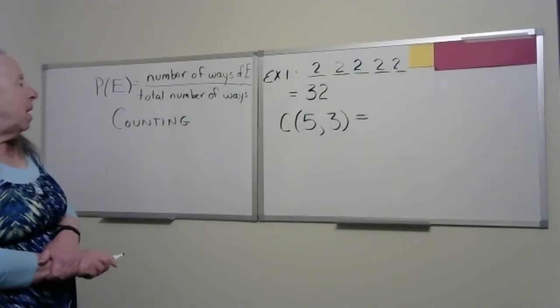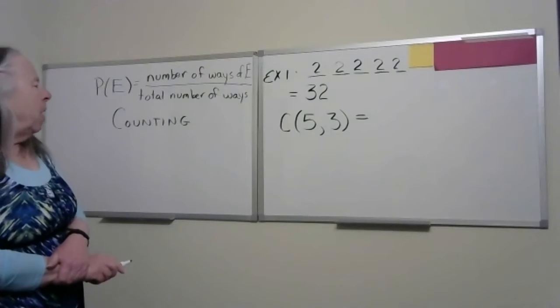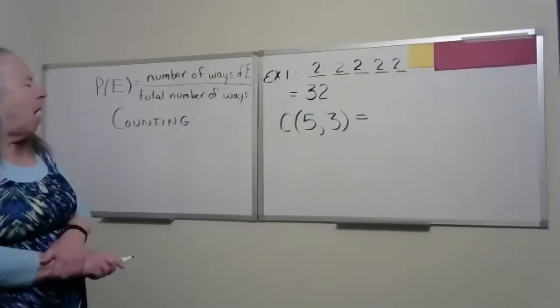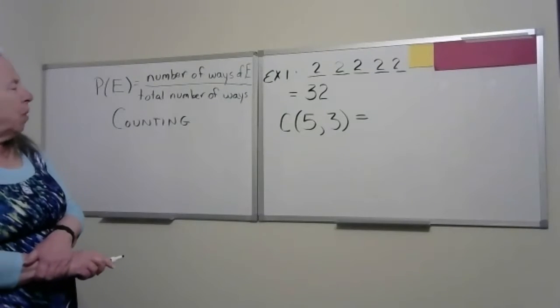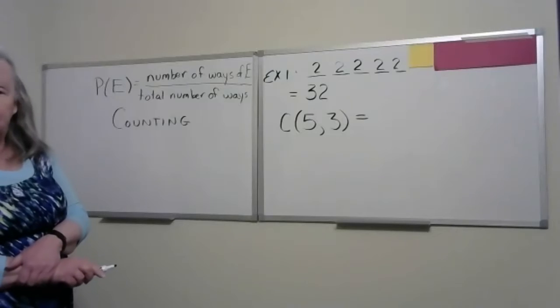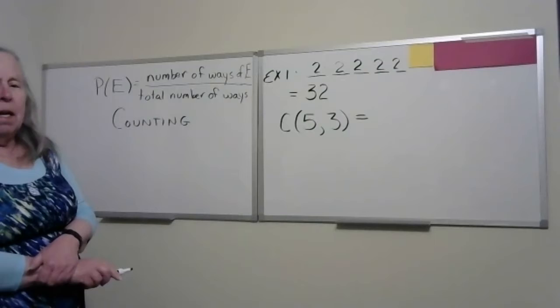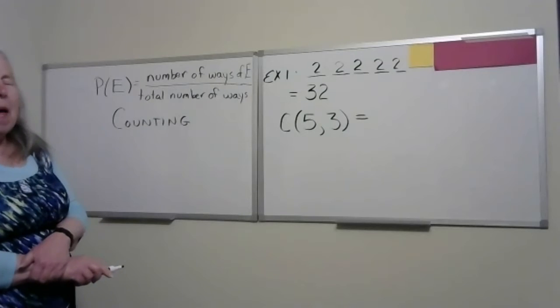So, Denon, what did you come up with if we do combinations of 5 objects taken 3 at a time? Give me 1 second, I have to find the equation. Remember, on your calculator, it's under probability, which is under math.